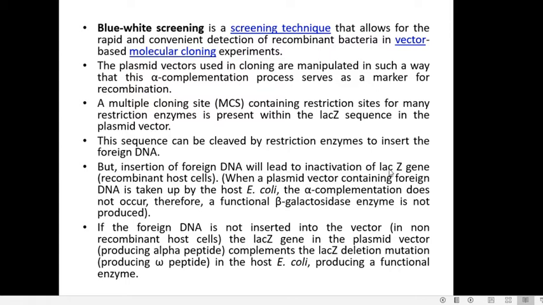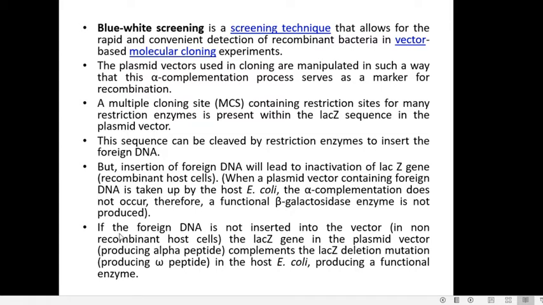So, when a plasmid vector containing foreign DNA is taken up by the host E. coli cell, alpha complementation will not occur. It will contain only the omega peptide. So, a functional beta galactosidase enzyme is not produced.